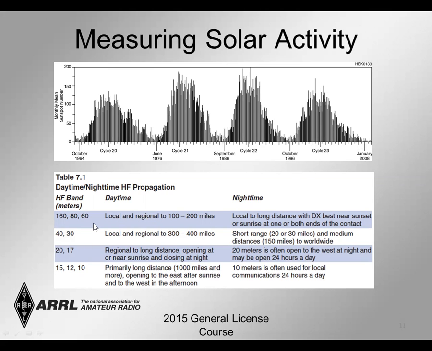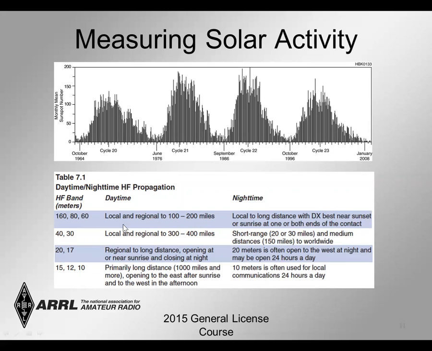Generally, for HF propagation, for daytime on 160, 80, and 60 meters, you're usually looking at local and regional communications, 100 to 200 miles.